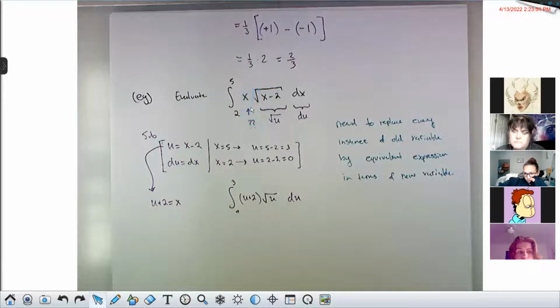I know I can't just leave it as x because we have this rule that says we need to get all the old stuff in terms of the new variable. And the trick is to go back to your substitution, which we chose to substitute u equals x minus 2, and to solve that for x. And then whatever I get when I solve this for x, I know I can plug that in here. In this case, it's not too hard to solve for x. We just add 2 to both sides. So if u is x minus 2, then u plus 2 is equal to x. So this x I can replace with u plus 2.